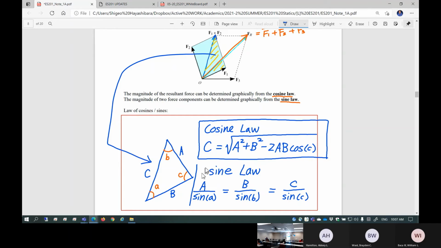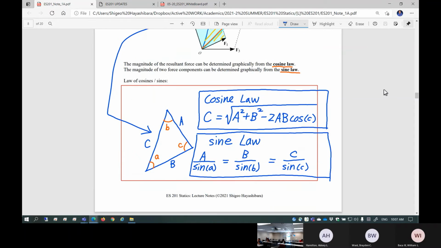This is called sine law. Okay. So this is an important concept needed to solve the homework, the Ernie Bird homework. Any question? So this is probably the most important item for section 1A.